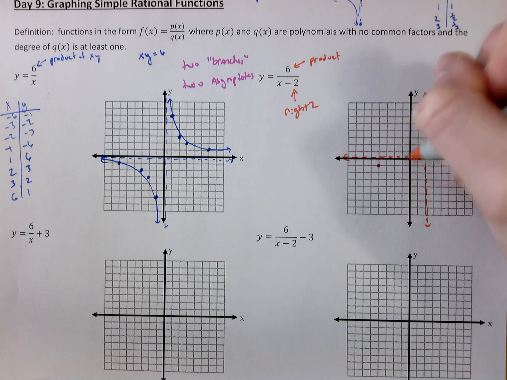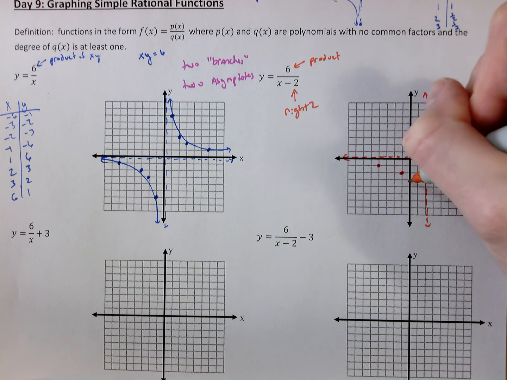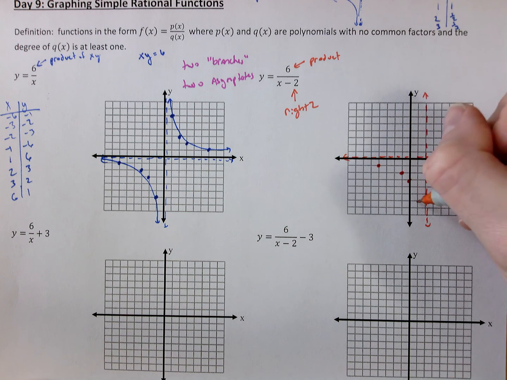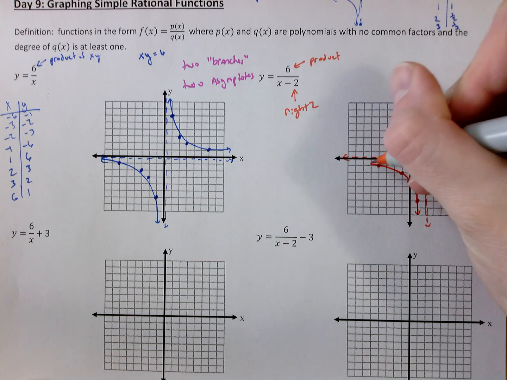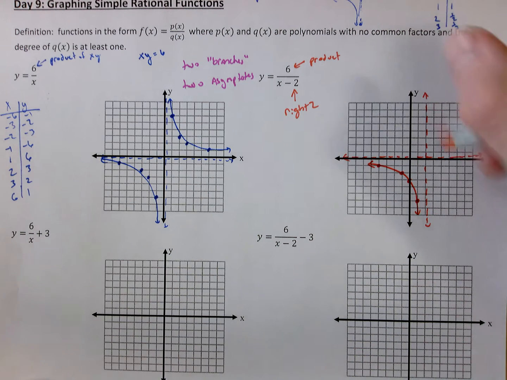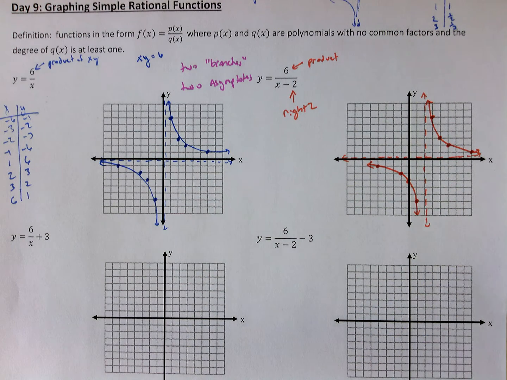And down 1, here's -3, -2, -2, -3, -6, -1, or -1, -6, excuse me. So there's that part. Here's 1, 6, 2, 3, 3, 2, 6, 1, and there we go. There's my graph.